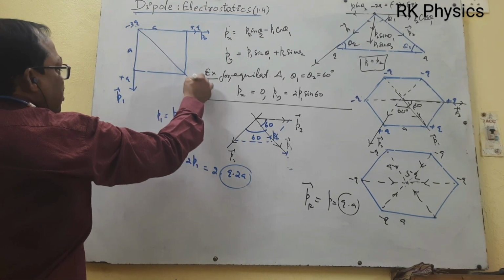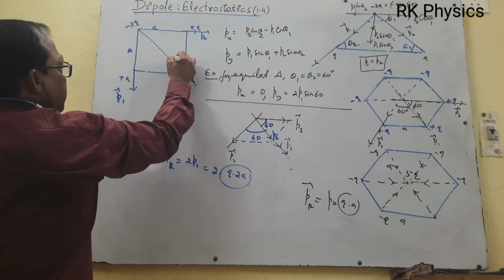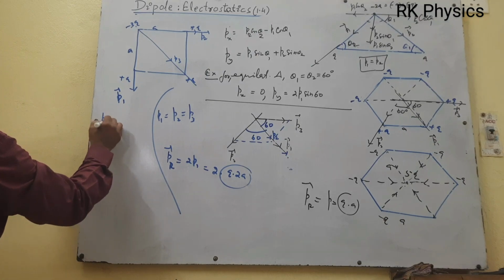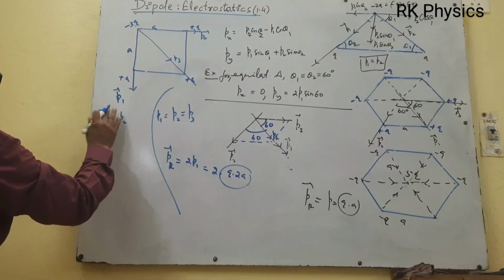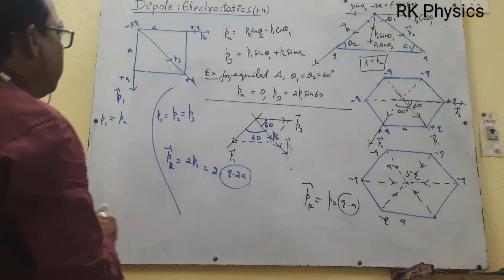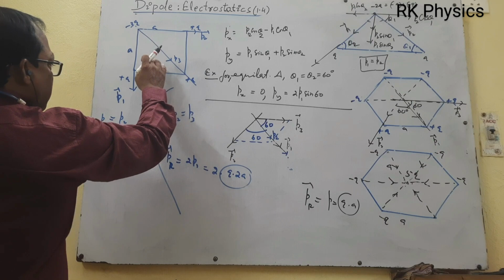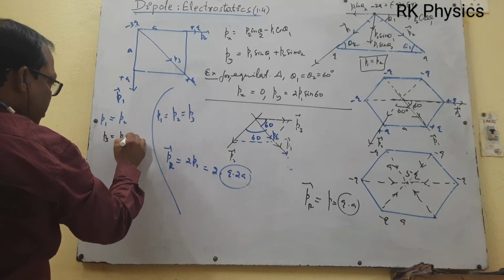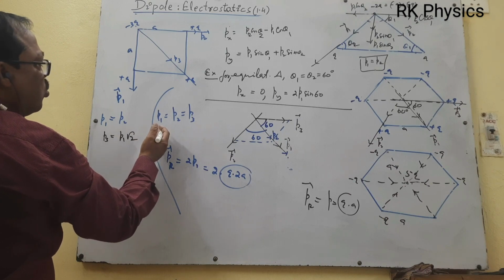Third, minus q and plus q along this direction. This is p3. Now this figure shows that p1 magnitude equals p2, but p3 magnitude is not equal to p1. But this is a square. Therefore p3 magnitude equals either p1 root 2 or p2 root 2.